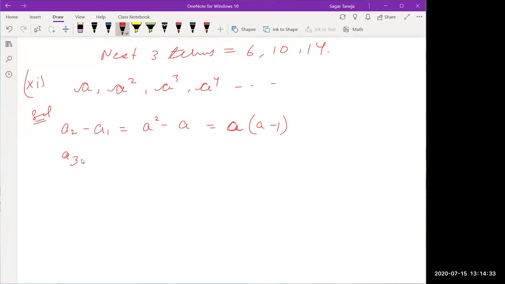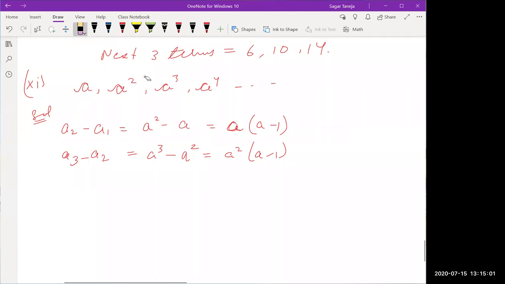So A3 minus A2, what is A3? This is a cube minus a square, that is second term is a square. Subtract, we can take a square common. Then A4 minus A3, but there is no need to check further because the first two differences are also not the same. See, A2 minus A1, if we are subtracting the second and first term, it is a square minus a, a common, a minus 1.